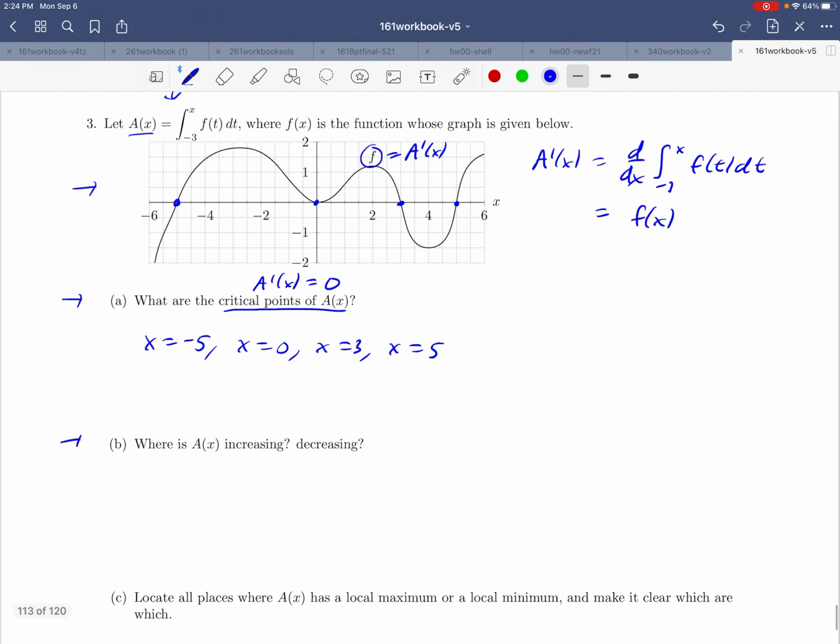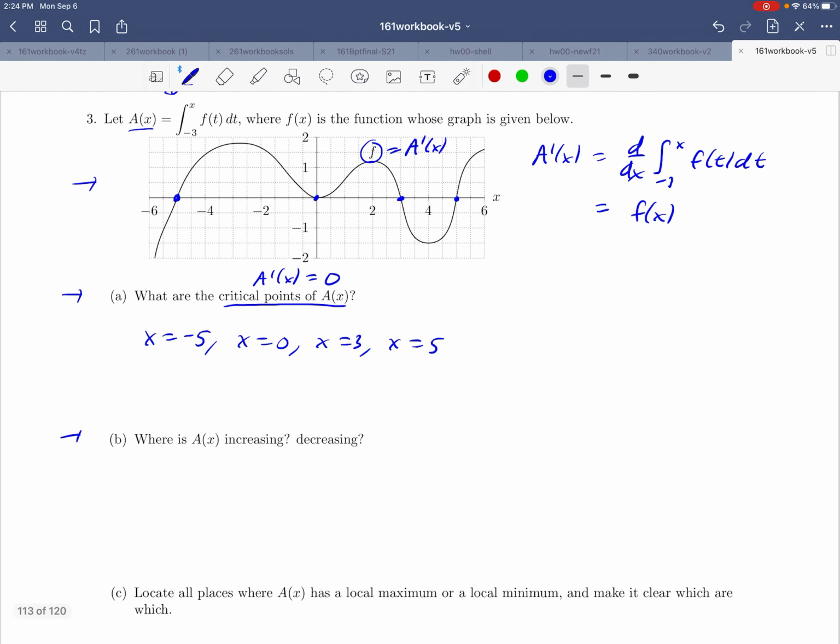Those are just the places where we touch or cross the x-axis. Next we come to the question of where A of x is increasing or decreasing. There we can remind ourselves again of the relationship between when a function is increasing and how its derivative behaves. A function is increasing if its derivative is positive, and decreasing if its derivative is negative. So let's just do it one piece at a time.